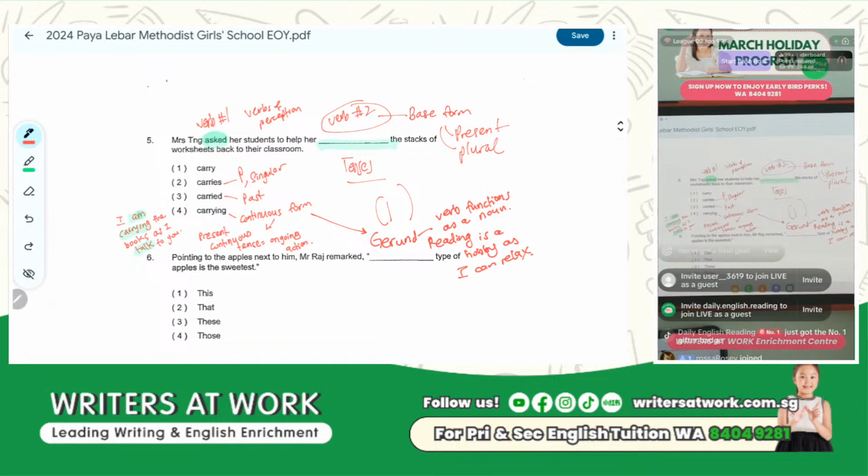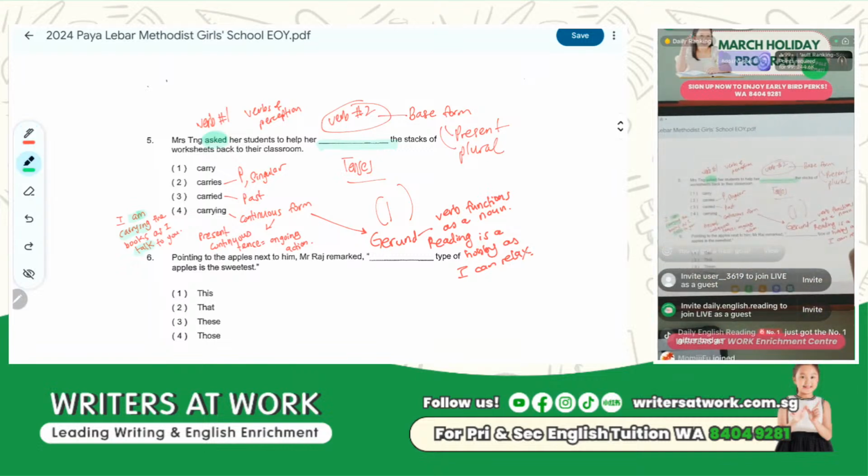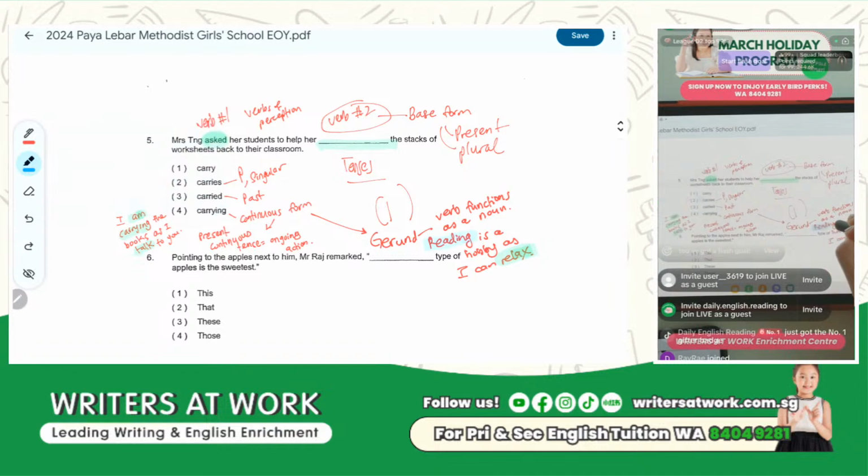Reading is a good hobby as I can relax. So you can see here that the action word in the sentence actually is 'can relax'. Okay. Now you can see reading over here. We know reading as an action as well. But for this sentence, we are not trying to say that the author or somebody is engaging in reading action.